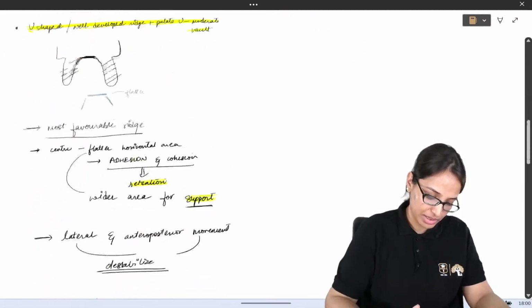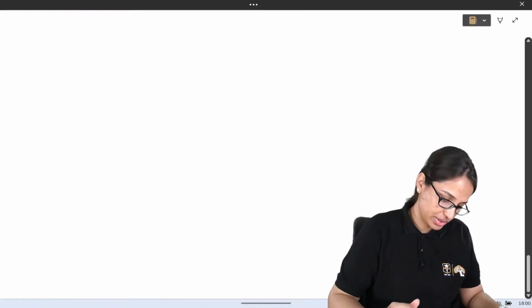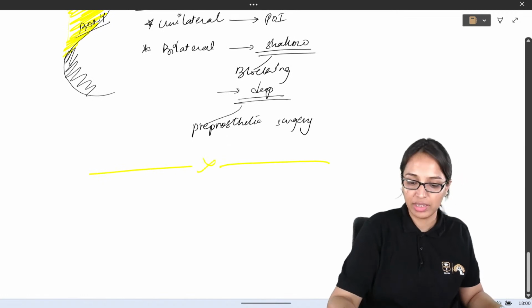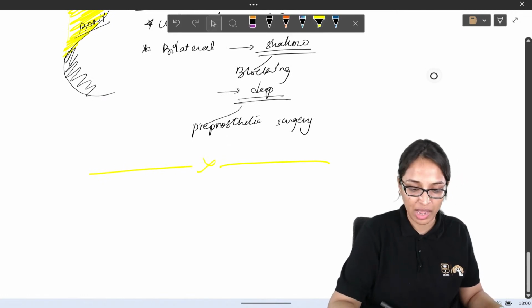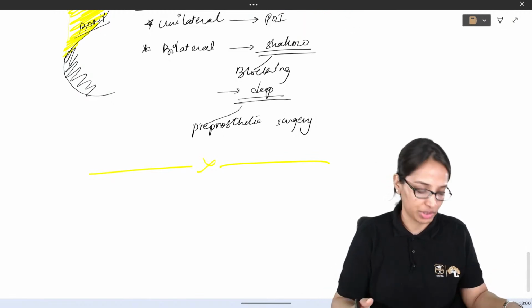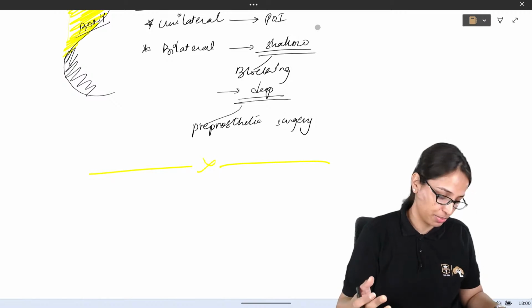So all in all, that is about your residual alveolar ridge. Clinically, the volume, structure and height of your residual alveolar ridge will help determine the retention, stability and support present in your prosthesis, right? So these are all about your primary supporting areas.